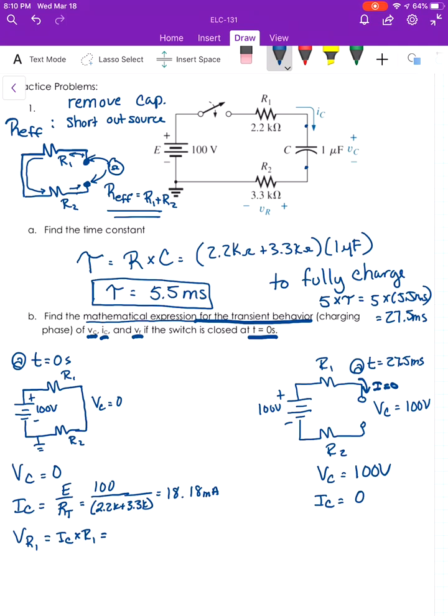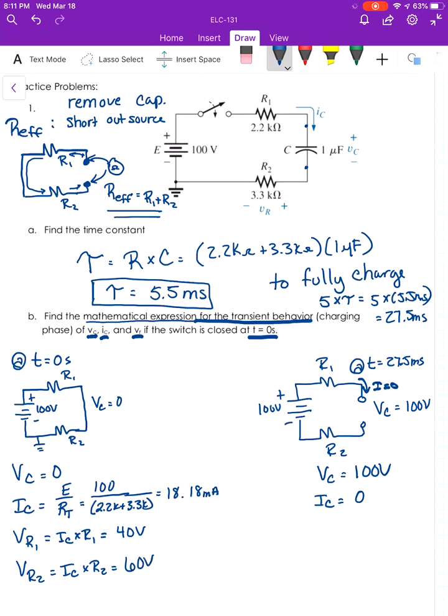So that 18.18 milliamps times the 2.2K, which would be about 40 volts. And let's do VR2 while we're here. That would be IC times R2. This is basically just a simple series circuit. We've got the current 18.18 milliamps through two resistors, 2.2K and 3.3K in series. So we'd have about 60 volts there.